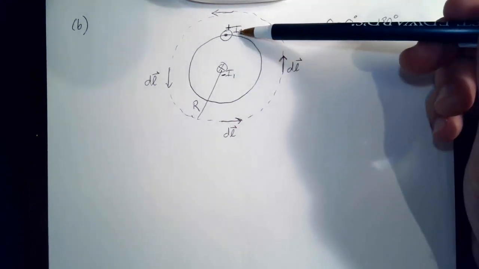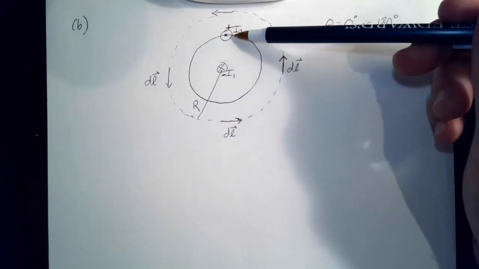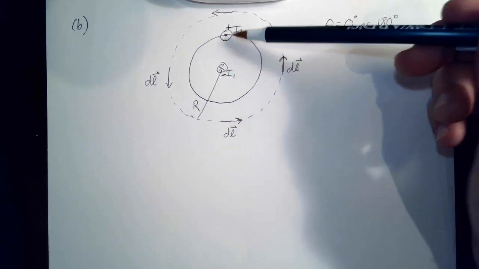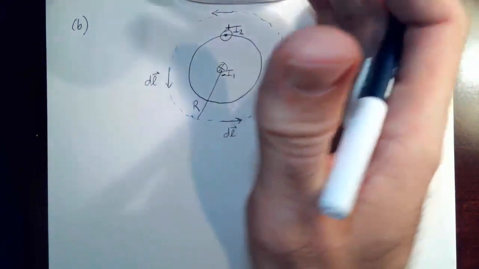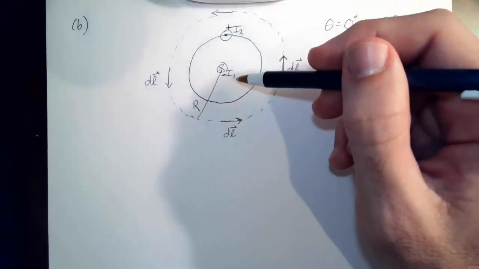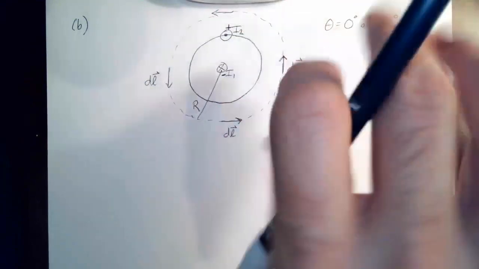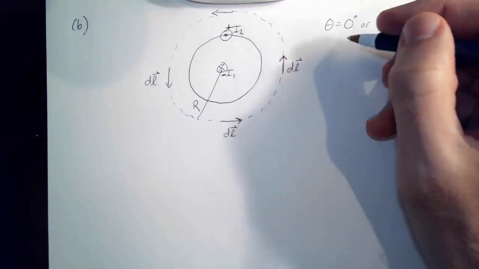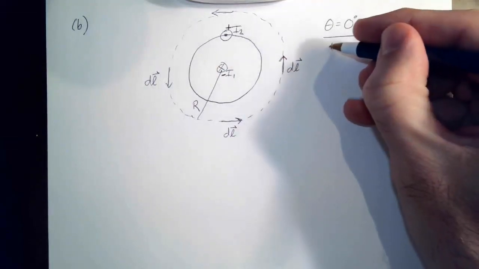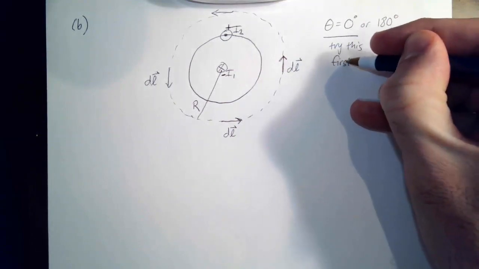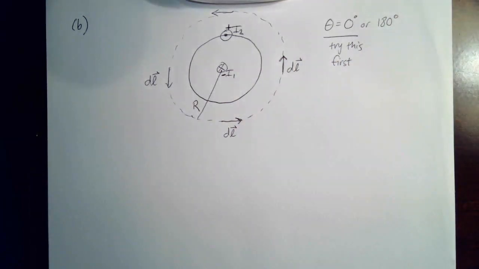So if I2 is positive and the net current is also positive, then by right-hand rule number 2, we're going to get B parallel to dl. If the net ends up being negative, we're going to get B anti-parallel to dl. Okay, so let's try the parallel case first and see what happens. And then we'll figure out the direction at the end.